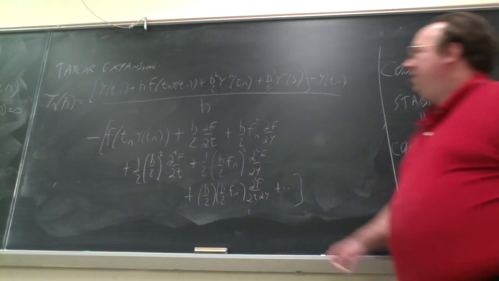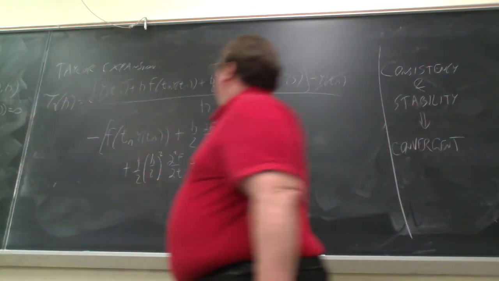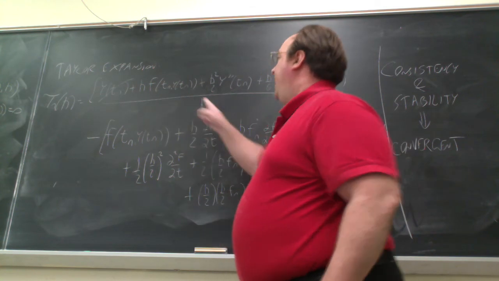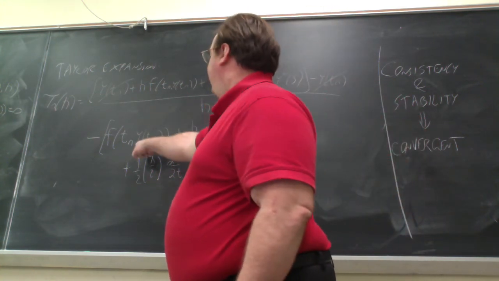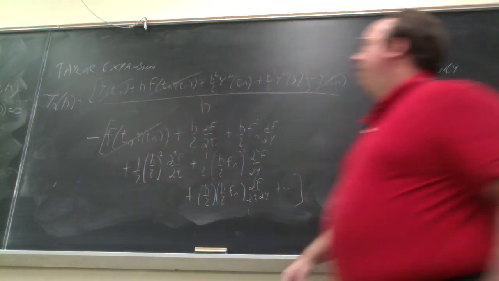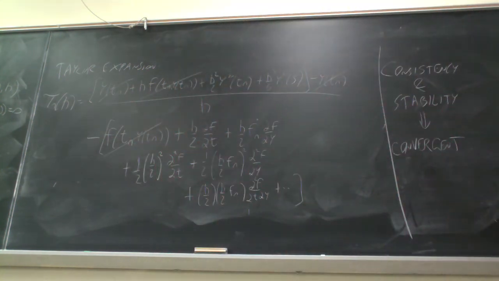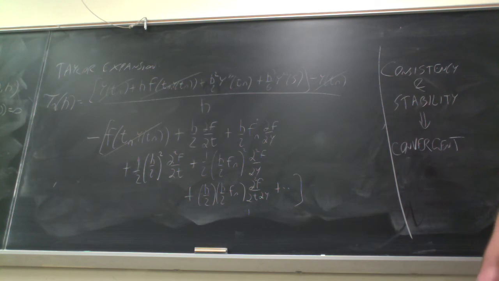First of all, y of tn's cancel. Here I have hf over h. Well, that cancels to just plain f. And that cancels with this f down here. So these terms cancel each other out. And y double prime is the same as a derivative of f of t, y with respect to t.